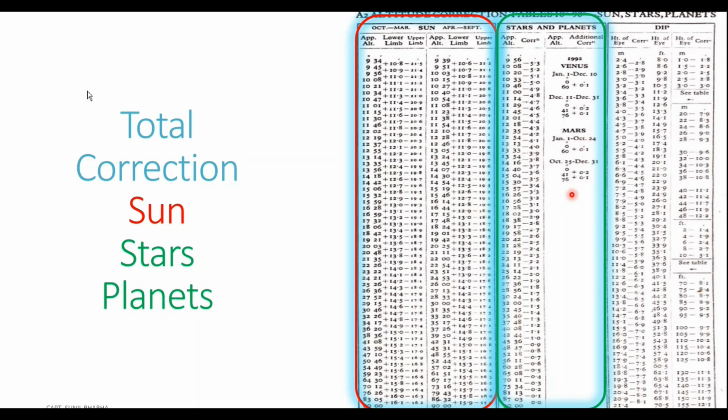Now a doubt may arise in your mind. What is this additional correction for? Basically, Venus and Mars are closer to us compared to Jupiter and Saturn, which are the other two planets used for celestial navigation. Being closer to us, they appear slightly bigger, and just like the Moon, it is possible that they may be showing phases.